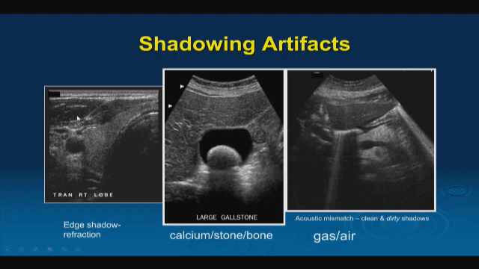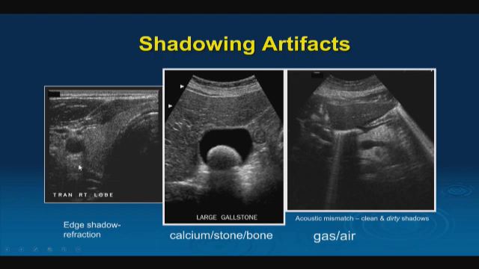So when the sound wave comes down and interacts with this vessel in a transverse scan plane, when it interacts with the curvature, it's no longer a 90-degree angle, so it creates a little black shadow. This can be a useful artifact because it helps you to identify the lateral borders of the vessel.